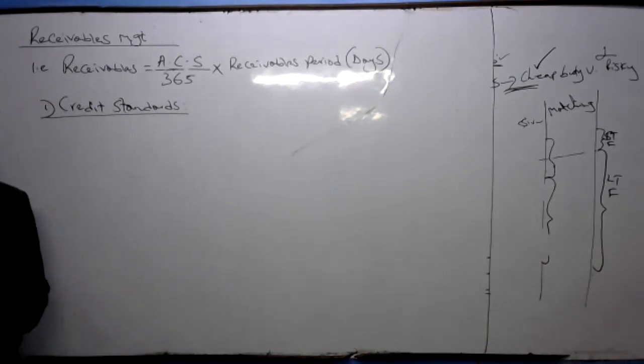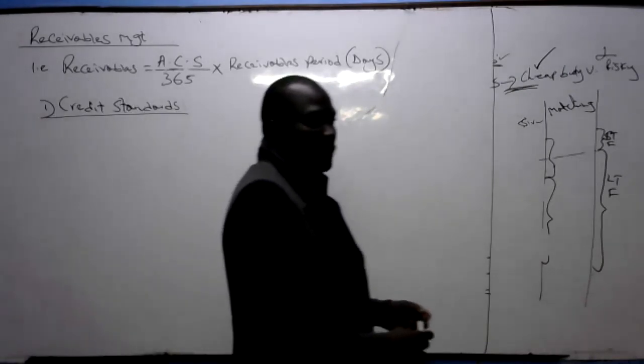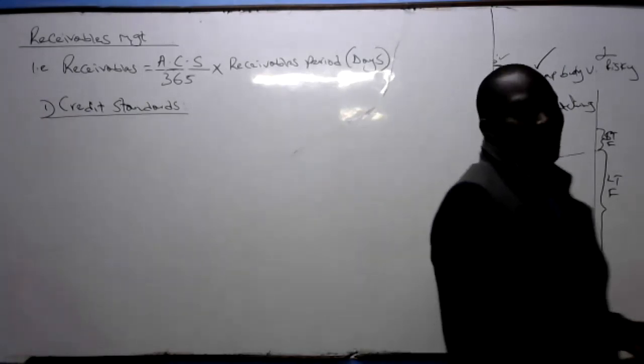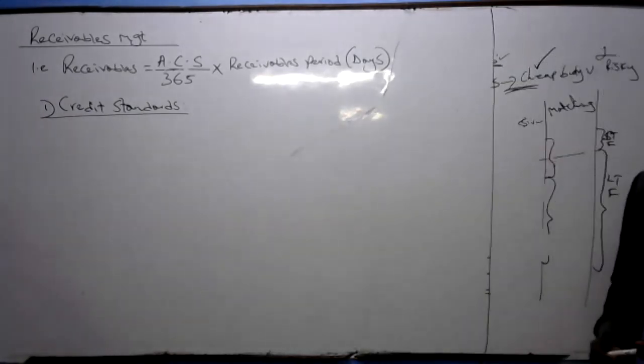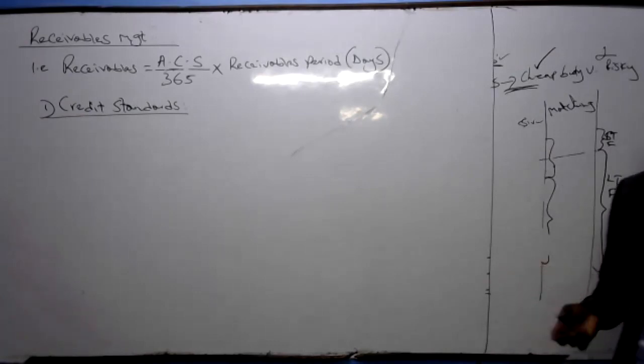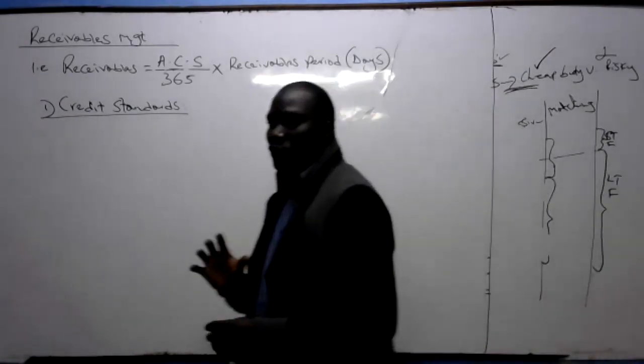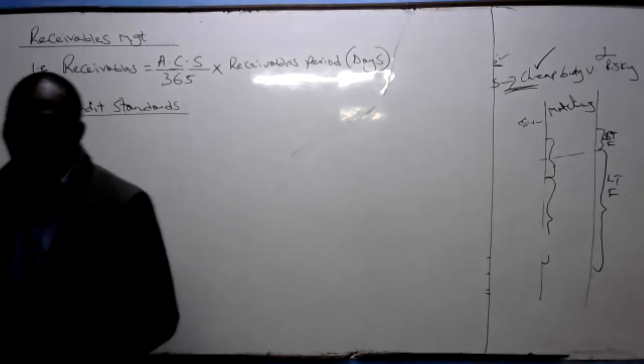And vice versa. So if you are too strict, our debtors will be few because very few will qualify for those terms. Our credit sales will also be low because we are selling to very few, the few that qualify. And even bad debts will be low, because those who qualify, we have already screened them and confirmed they will not trouble us.